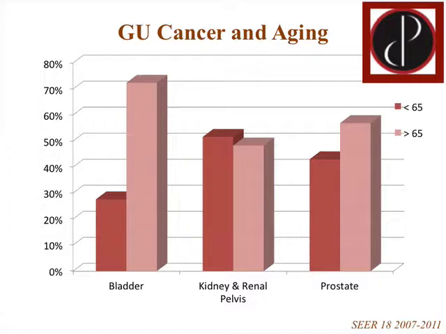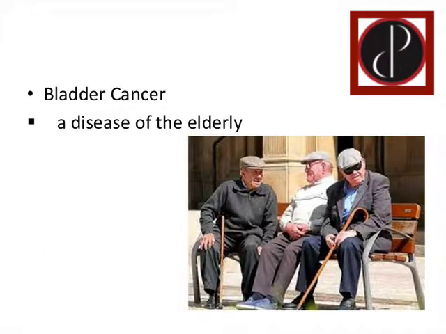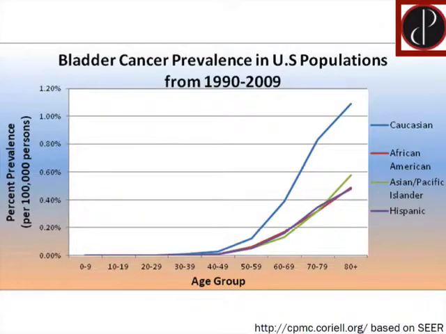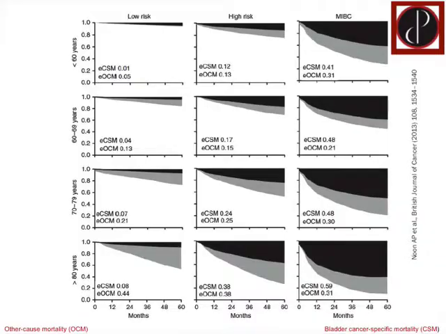It is 50-50 in kidney cancer, and in prostate cancer the ratio is 60 to 40. So bladder cancer is actually a disease of the elderly, and it's the same in different ethnicities, although we will see more bladder cancer in Caucasians.